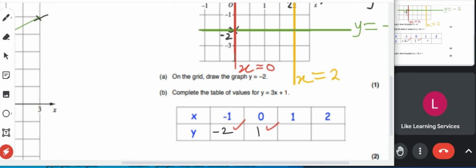So 3 times 1 is 3, then plus 1 is 4. So when x is 1, 3x is 3 times 1, that's 3 plus 1, 4. Correct.